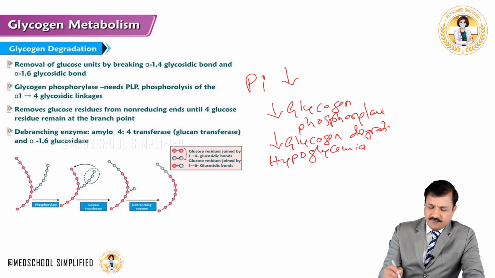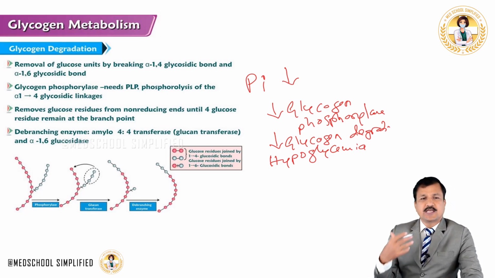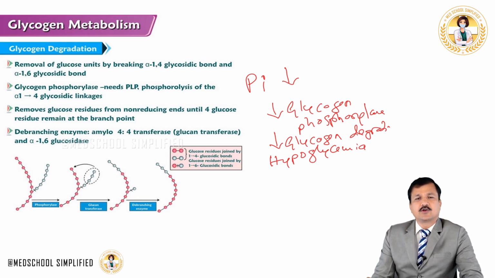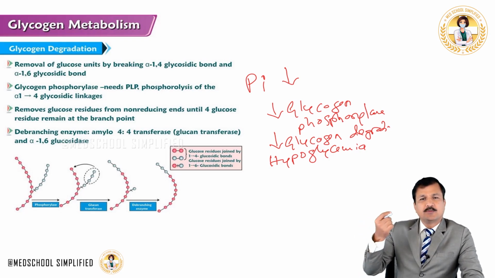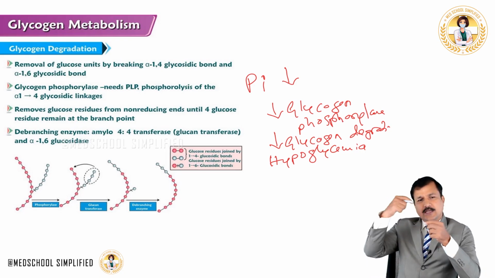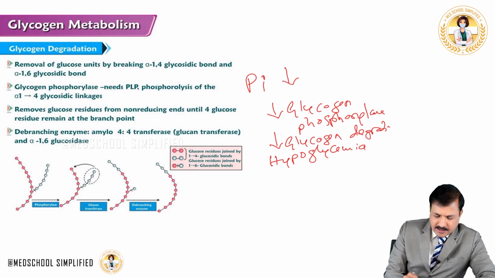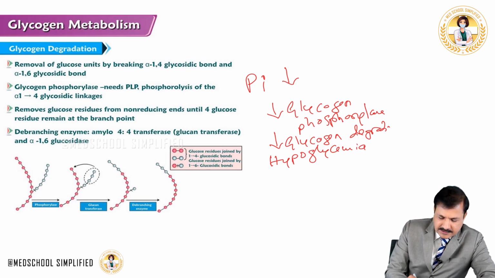When the glycogen phosphorylase enzyme is active in the presence of glucagon, it goes on removing one glucose residue at a time by incorporating inorganic phosphate at the non-reducing end and releasing it as glucose-1-phosphate. For example, inorganic phosphate is incorporated here and this glucose is released as glucose-1-phosphate.